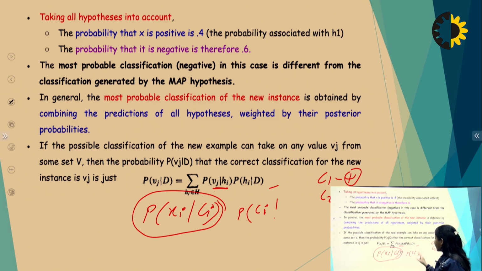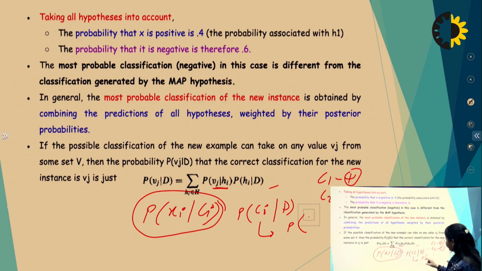So we have Ci given the entire data D, and we can split it. It will be equal to, meaning we can reverse it, P of Ci given Xi or hypothesis Hi, times P of Hi for the entire data set D.